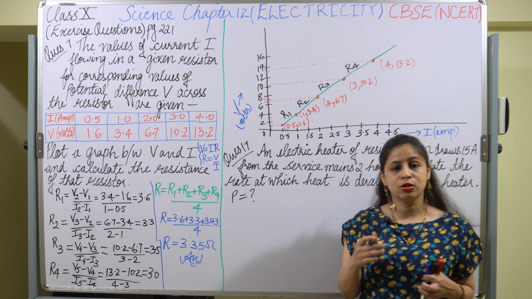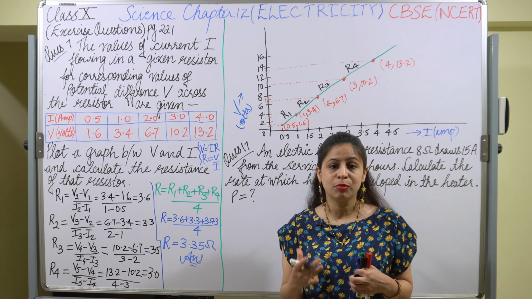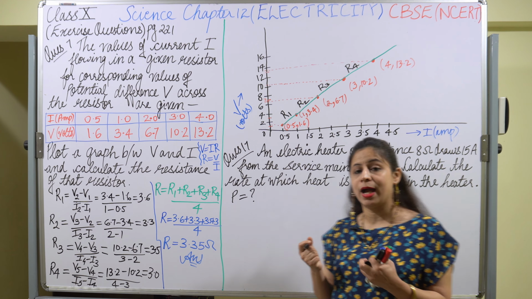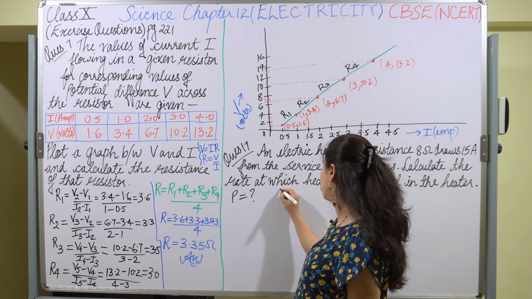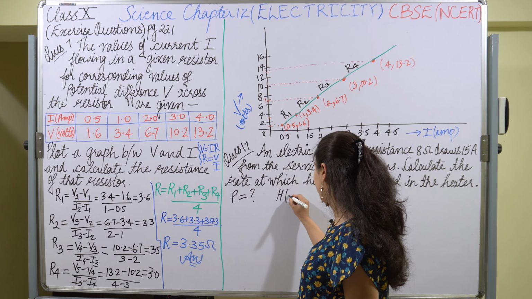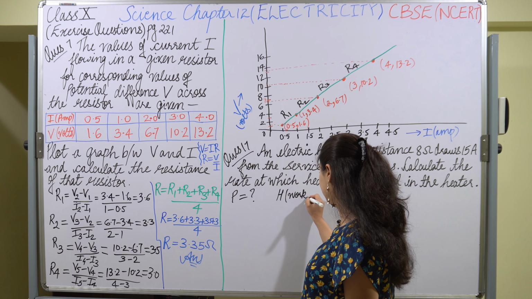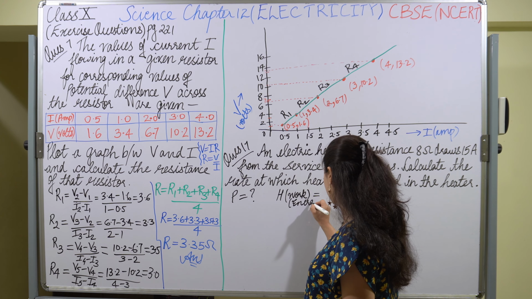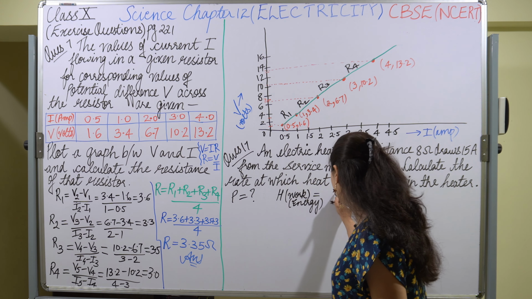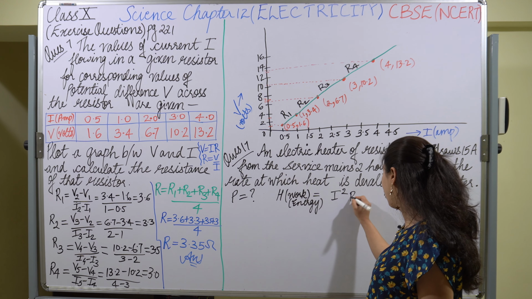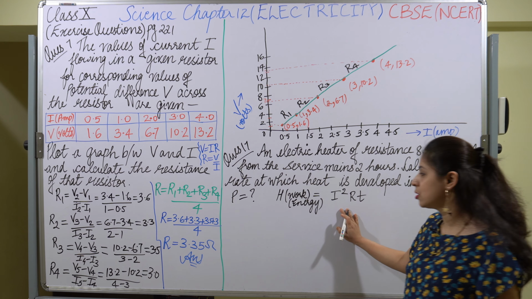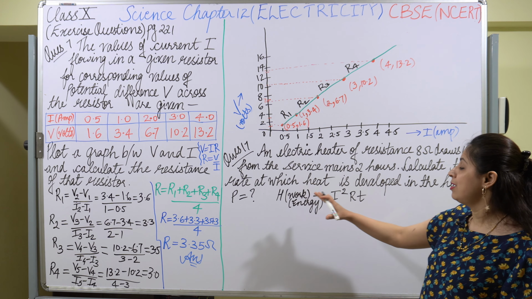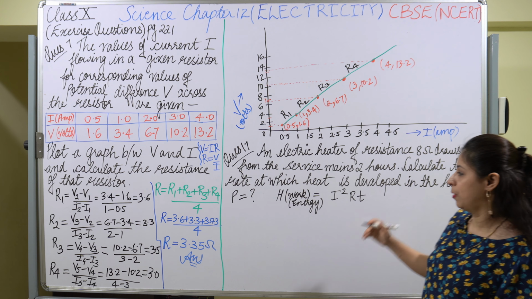And the work is nothing but the energy consumed, and energy is given by I square RT. So H, or we can say work, or energy, will be equal to I square RT. But this does not specify the rate. So we need to calculate the rate at which the heat is developed.